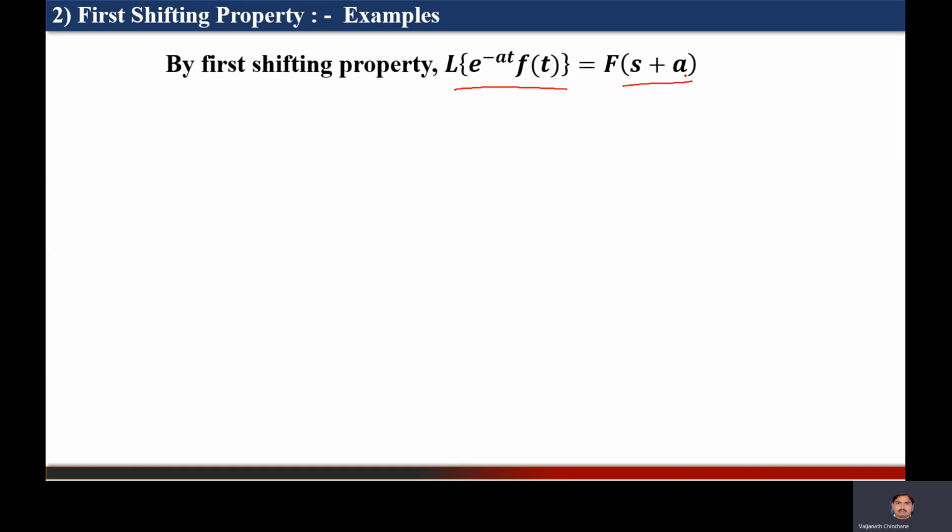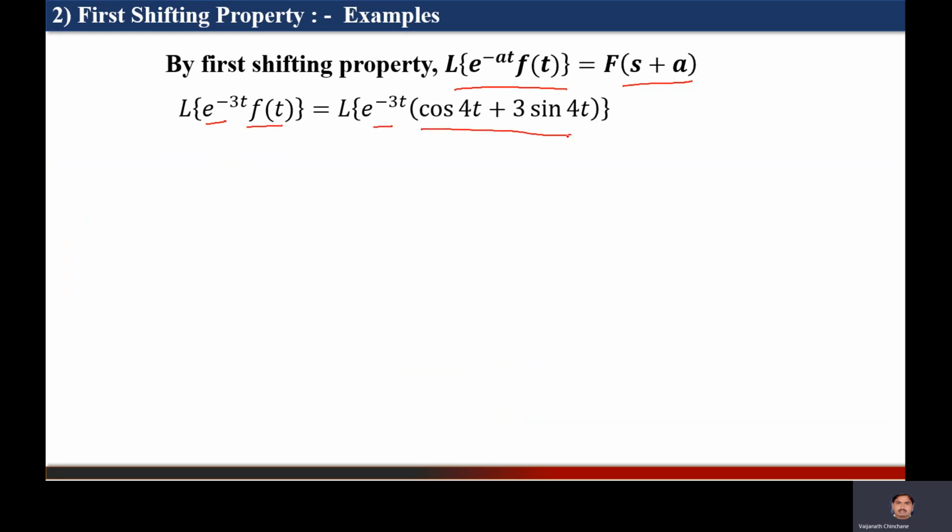Therefore L of e raised to minus 3t times f of t is the Laplace of this, where s is replaced by s plus 3, because we multiply by e raised to minus 3t. It means this s as well as this s should be replaced by s plus 3.